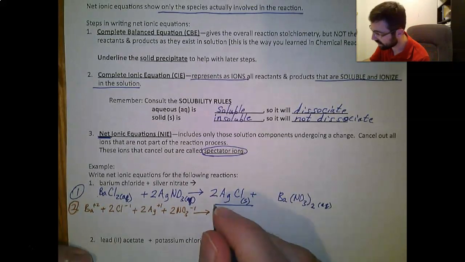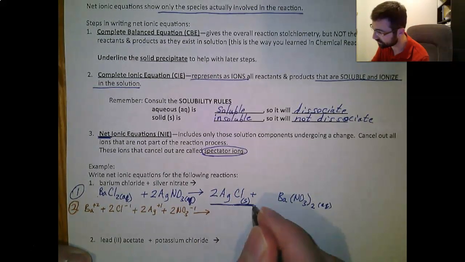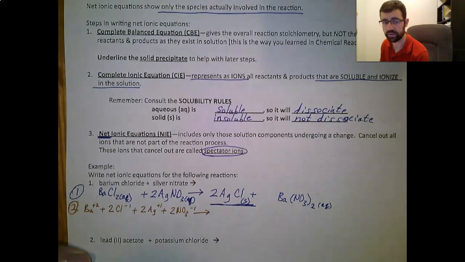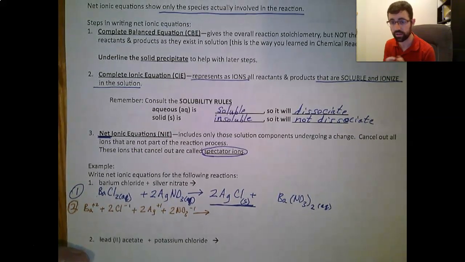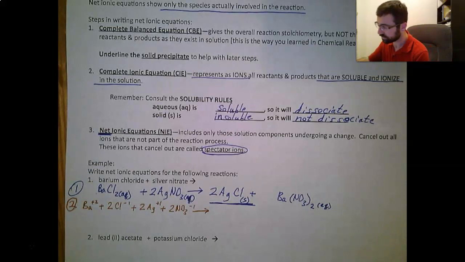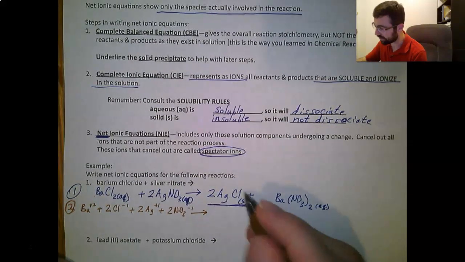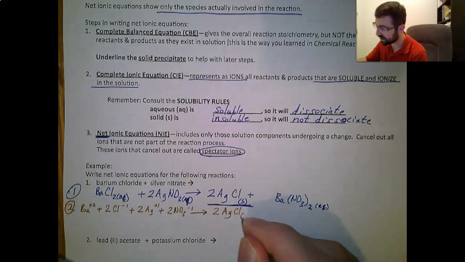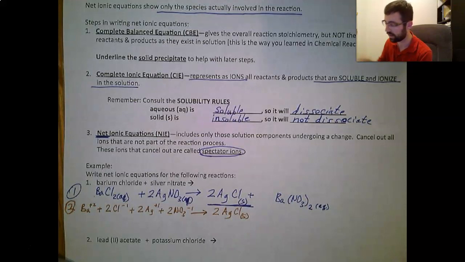The reason we underlined this is because this has to stay together. It's solid. That's a solid relationship. It can't be broken. This relationship's not going to be broken up. This one stays together, so we put 2 AgCl. That's solid. We're going to leave it alone.